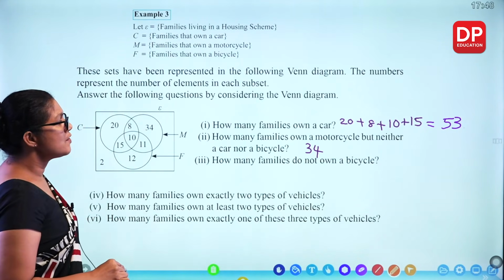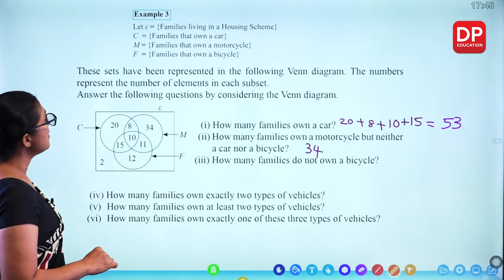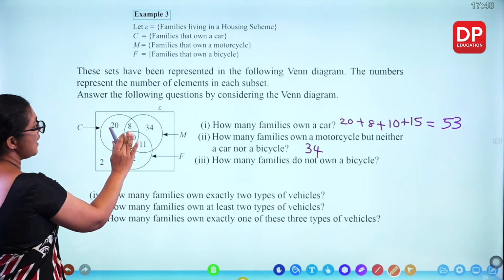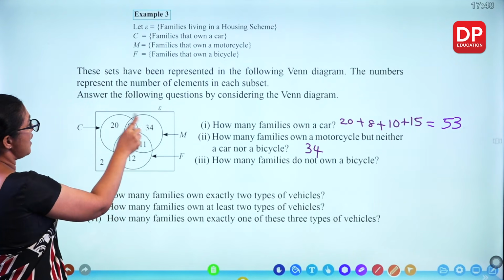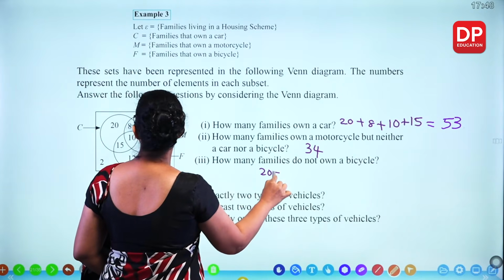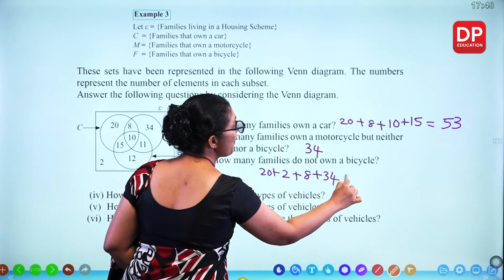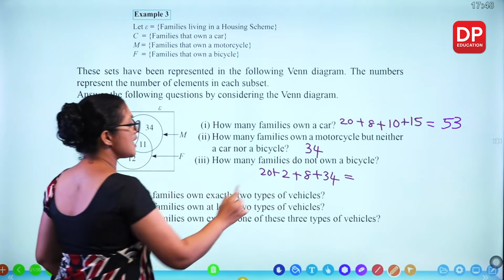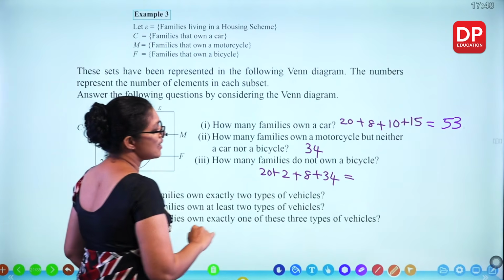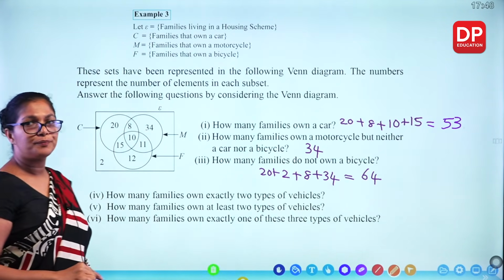How many families do not own a bicycle? Do not own a bicycle means which set? F dash. F dash means you have to add all these four values. 20 plus 2 plus 8 plus 34. What's the answer? 8 plus 2, 10. 10 plus 20, 30. 30 and 34, 64.